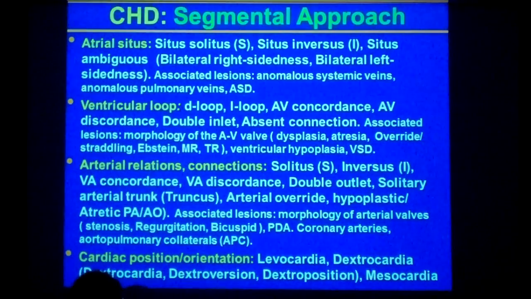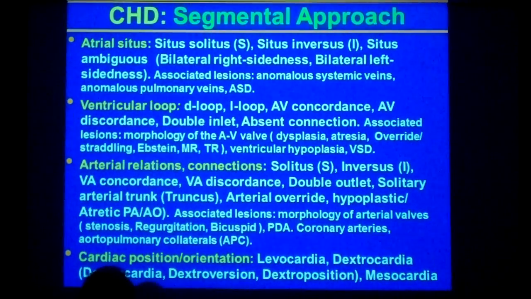Okay, so if you see all of those completely normal, you say solitus relationship of the arteries and connections. If it's inverted, then it's inverted. We'll go through some examples and see. Also, you look at the semilunar valves in this segment. Is it bicuspid on the aortic side? If it's only one artery, then you call it truncus.